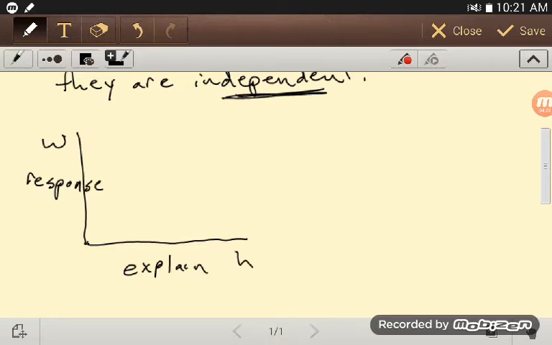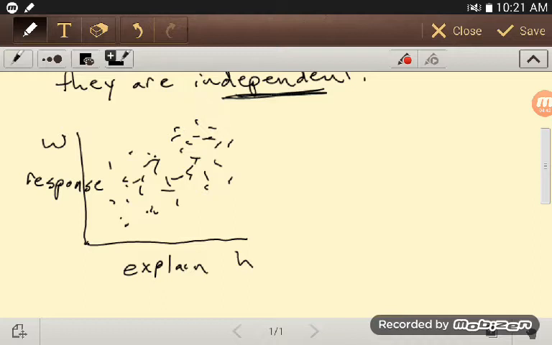So the height explains the weight, and the weight is the response, because you tell me a height and I will predict a weight. Now, I go out and I collect data, and suppose that data kind of makes this cloud.